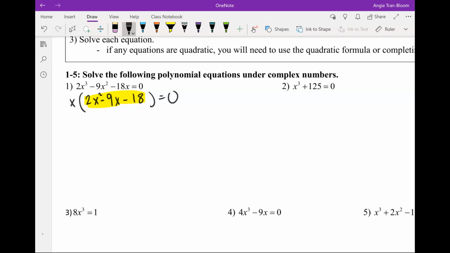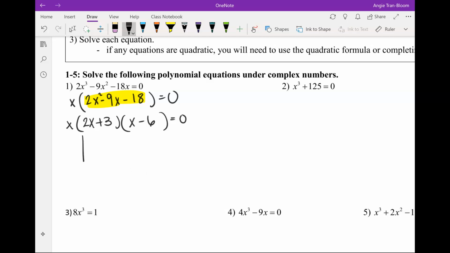So it would be negative 12, as a matter of fact. Okay, Julian, can you give me the two factors for that trinomial? The final answer. 2x plus 3, x minus 6. Okay, someone confirm those for me.